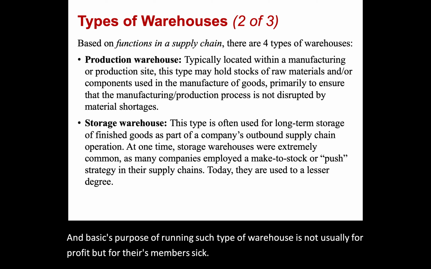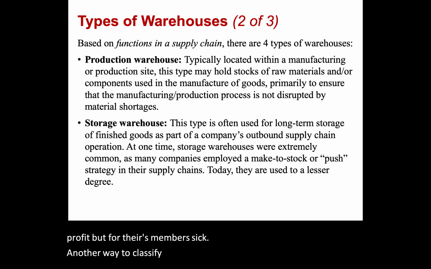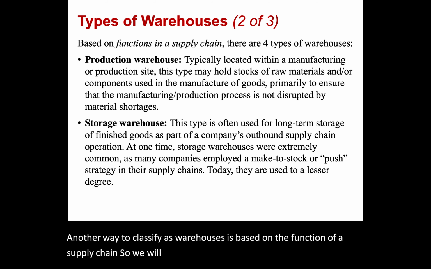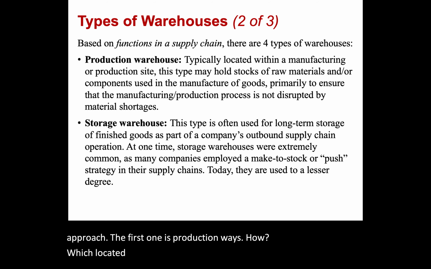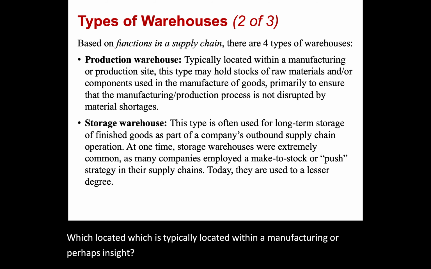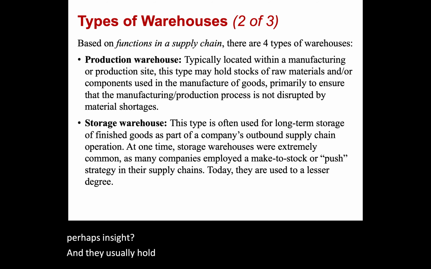Another way to classify warehouses is based on the function in a supply chain. So we will have four types of warehouse based on this approach. The first one is the production warehouse, which is typically located within a manufacturing or production site, and they usually hold inventory of raw material or components used during production.